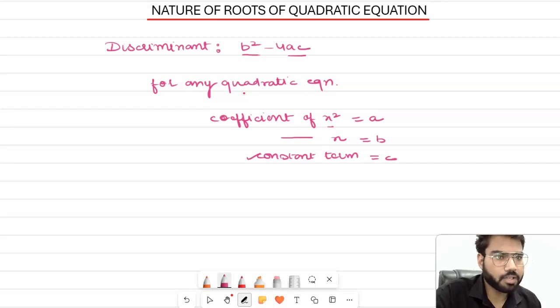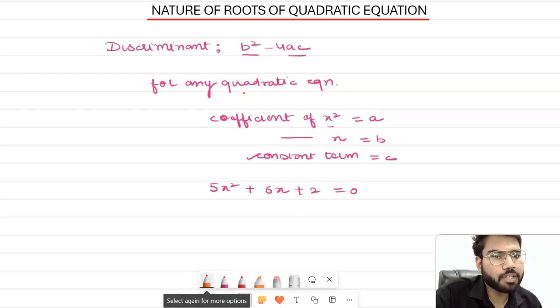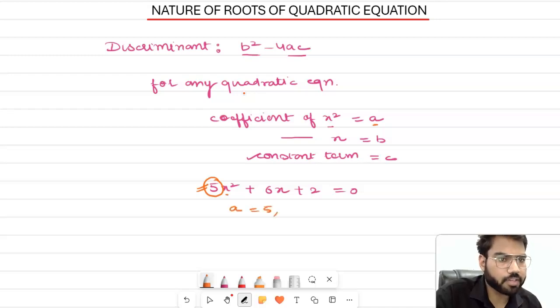Let's see an example. If we have a quadratic equation 5x square plus 6x plus 2 is equal to 0. Coefficient of x square means whatever is placed in front of x square. So here the coefficient of x square is 5, and we know that it is denoted by a, so the value of a will be 5.